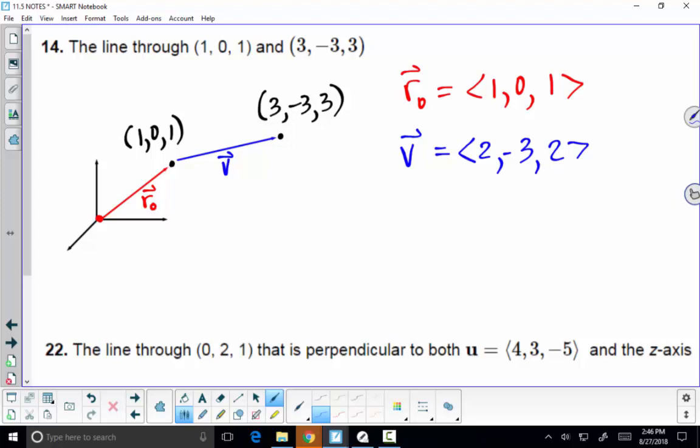So if we add those two together, don't we just get a single vector? If we add those two together, we are going to get the vector right there. Do you agree that this dotted vector is R naught plus V?